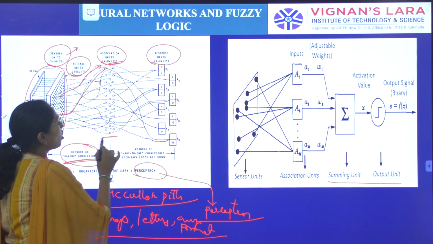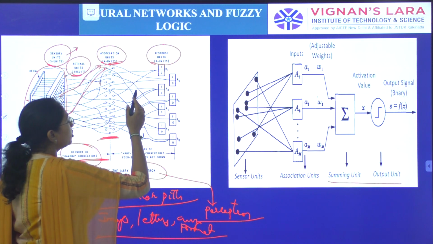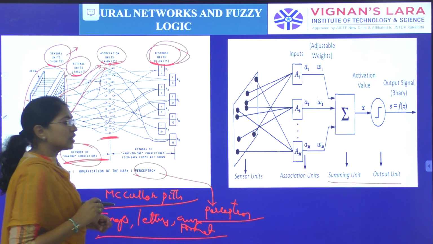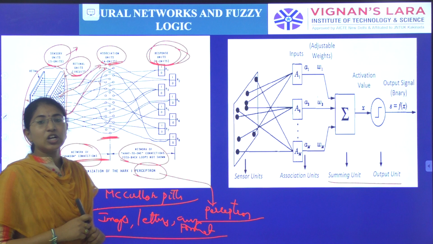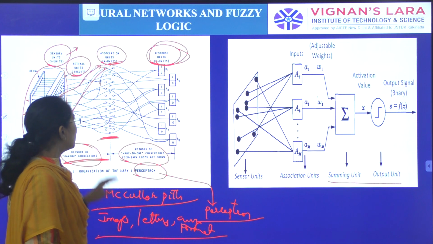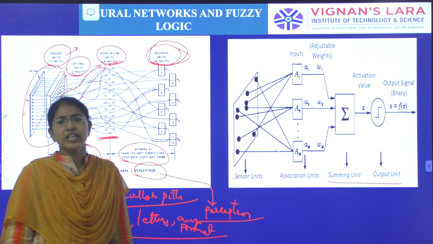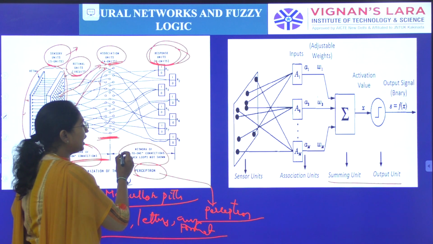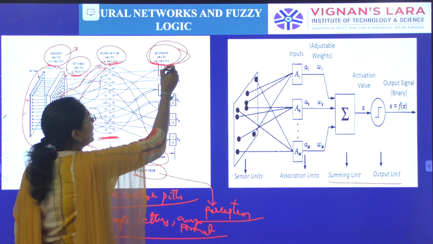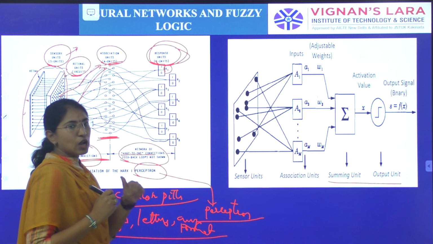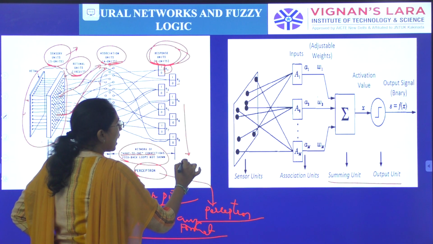Now the input or data at the association unit will be fed to the response units through a network of many-to-one connections. In the response unit, let us consider the inputs R1, R2, R3 and so on up to R8.